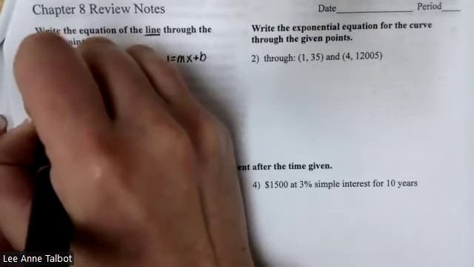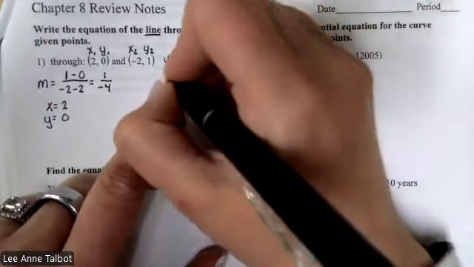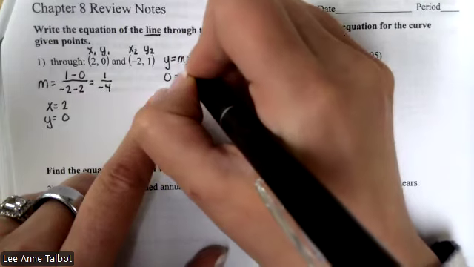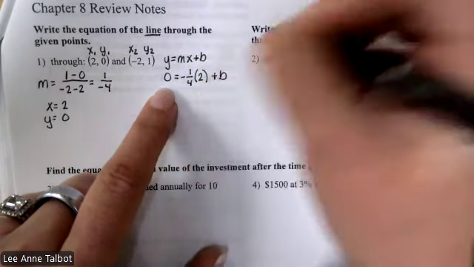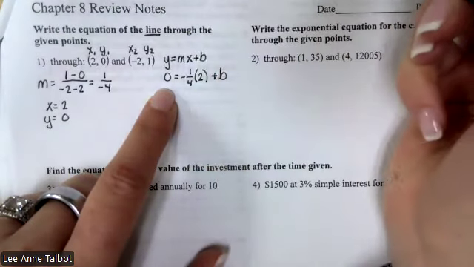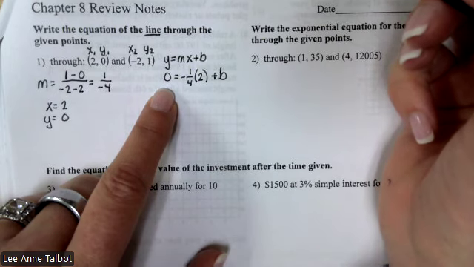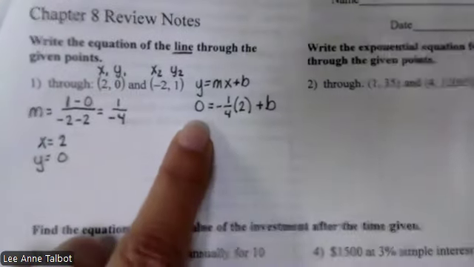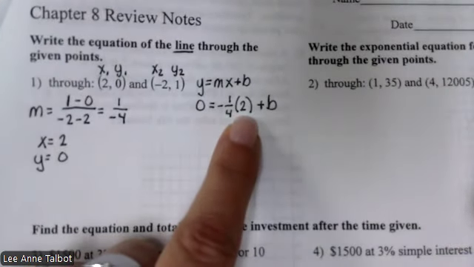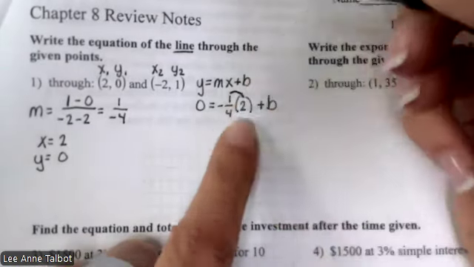Okay, should we choose the point 2, 0? 2, 0. Okay. So 0 equals negative 1/4 times 2 plus b. Okay, now let's talk about how do I multiply a fraction by a whole number? True. What you do is you multiply the tops.